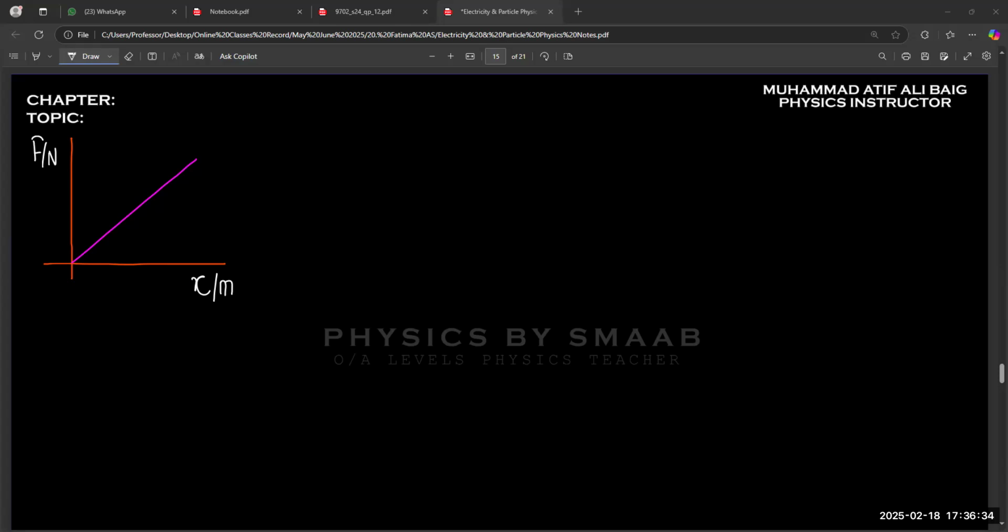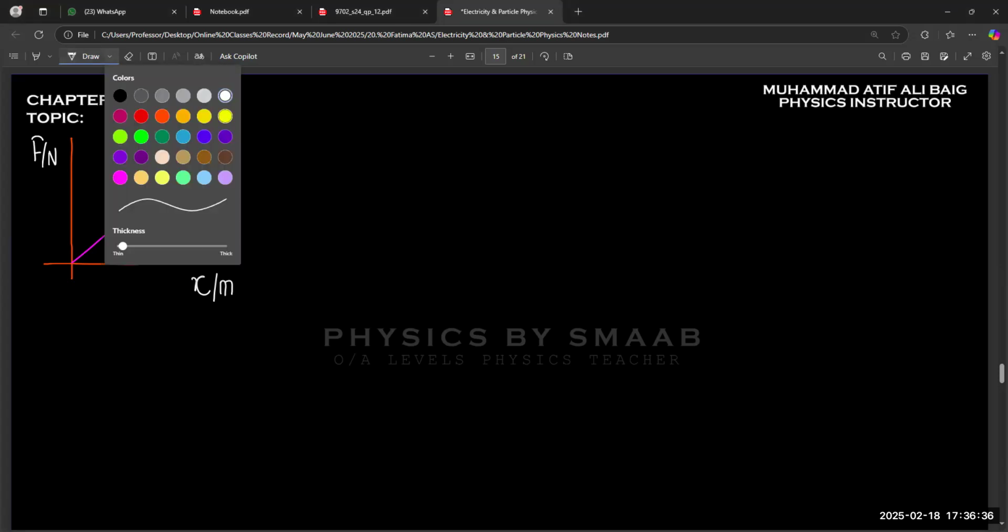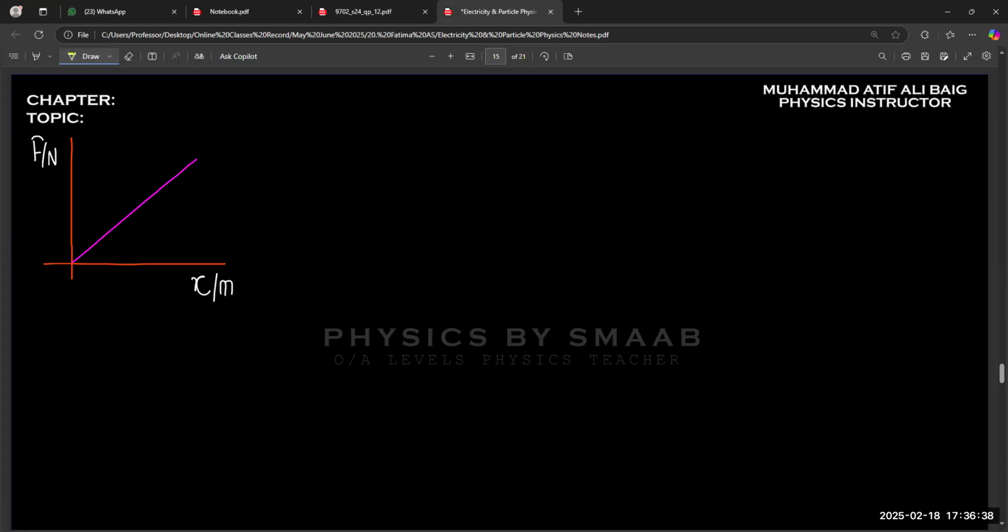So for example, if we consider this graphical representation, first, when we are loading the spring, definitely the graph moves in the upward direction. So this is the part of loading.